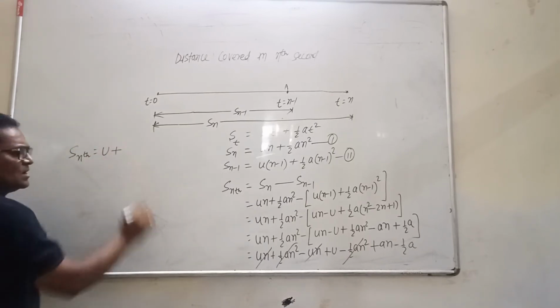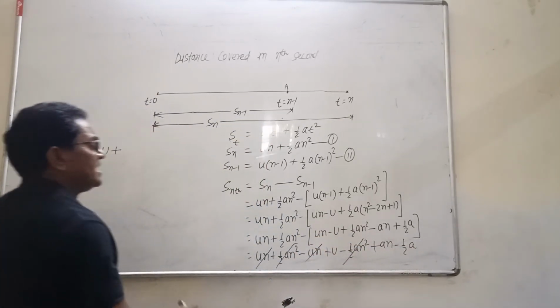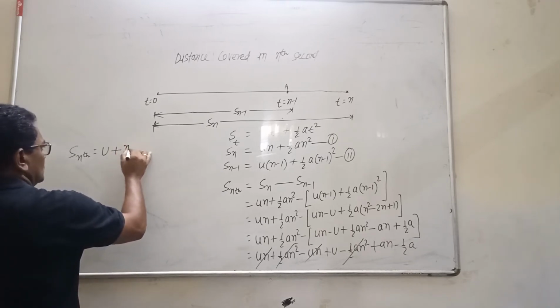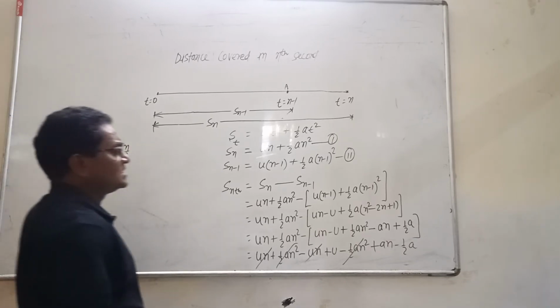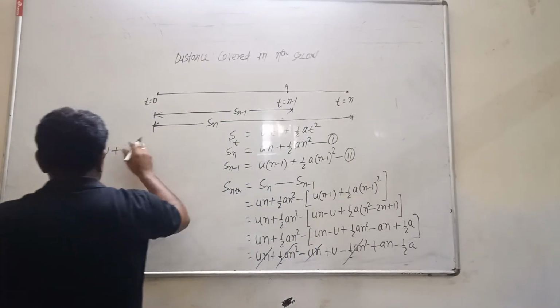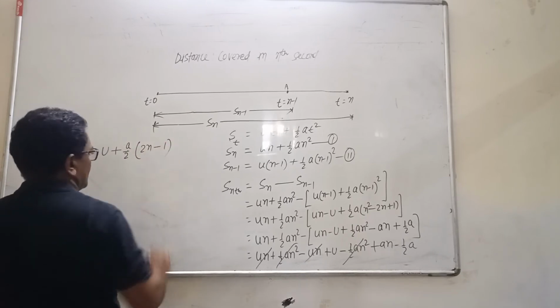u plus. From these two terms we can take a by 2 common, so we get 2n minus 1.